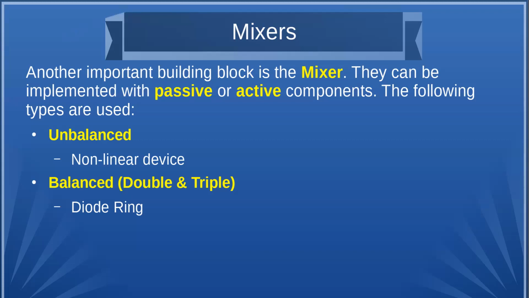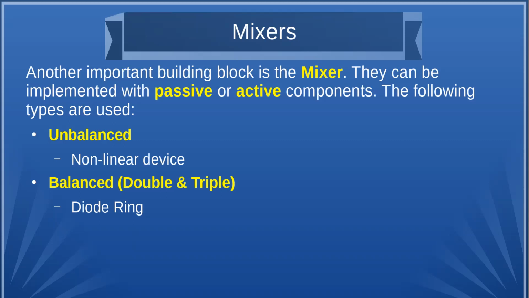An unbalanced mixer will give you the sum and difference of the two frequencies, usually what we call the signal and the local oscillator or carrier, and you'll get two frequencies plus the carrier.